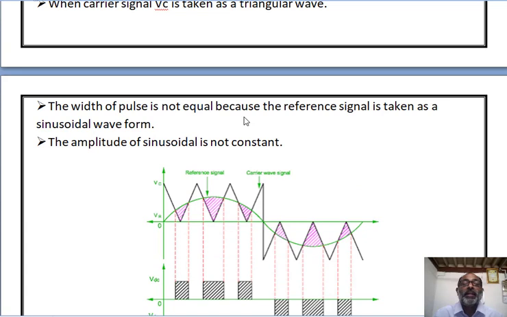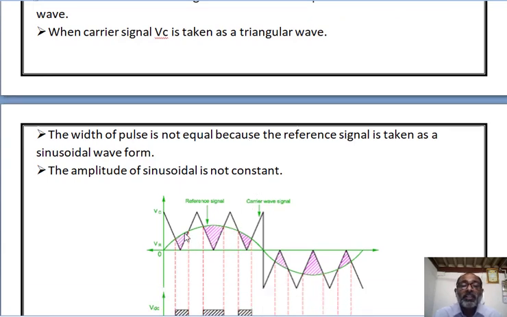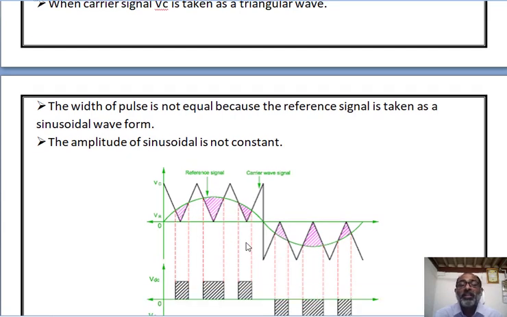When the carrier signal VC is taken as a triangular wave, what will be the difference? Here we are taking a sinusoidal waveform as the reference signal, that means your VR.